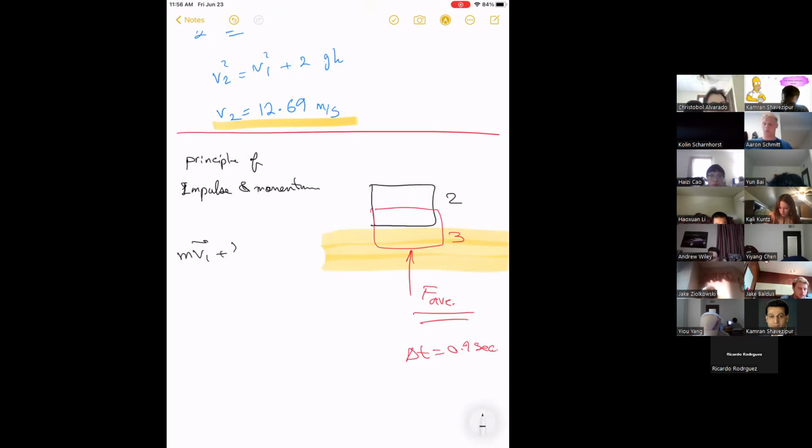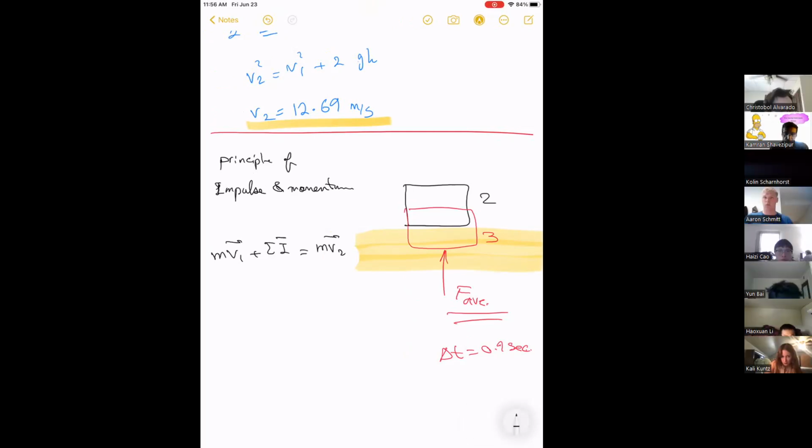mv1 plus summation of impulses equals mv2. And I don't know if the problem says neglect the weight or not. Yes, the problem says neglect the weight of the block during the impulse. As I mentioned, a lot of time, impulsive forces are very large, so you can neglect ordinary forces like gravity, okay?